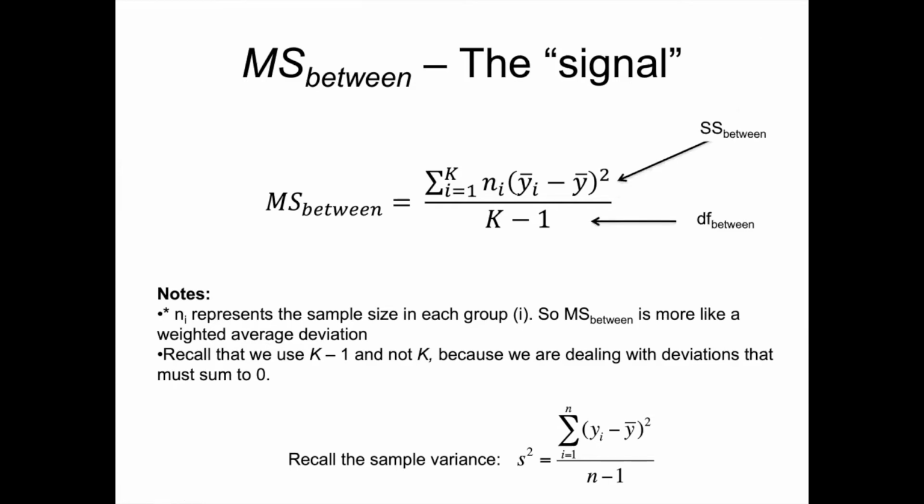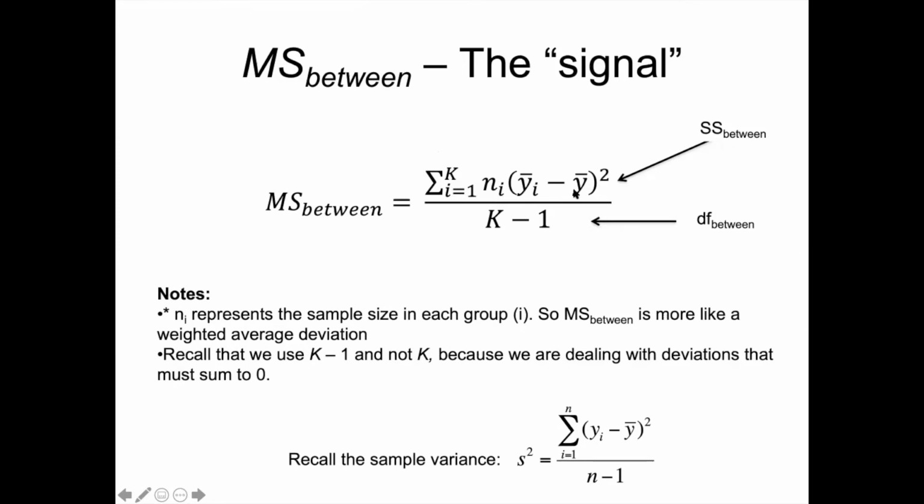Now, when we're talking about our mean square, then we can define the numerator and the denominator more explicitly. What we're talking about when we're talking about this numerator is what's referred to as the sum of squares between, so the sum of squares between groups.